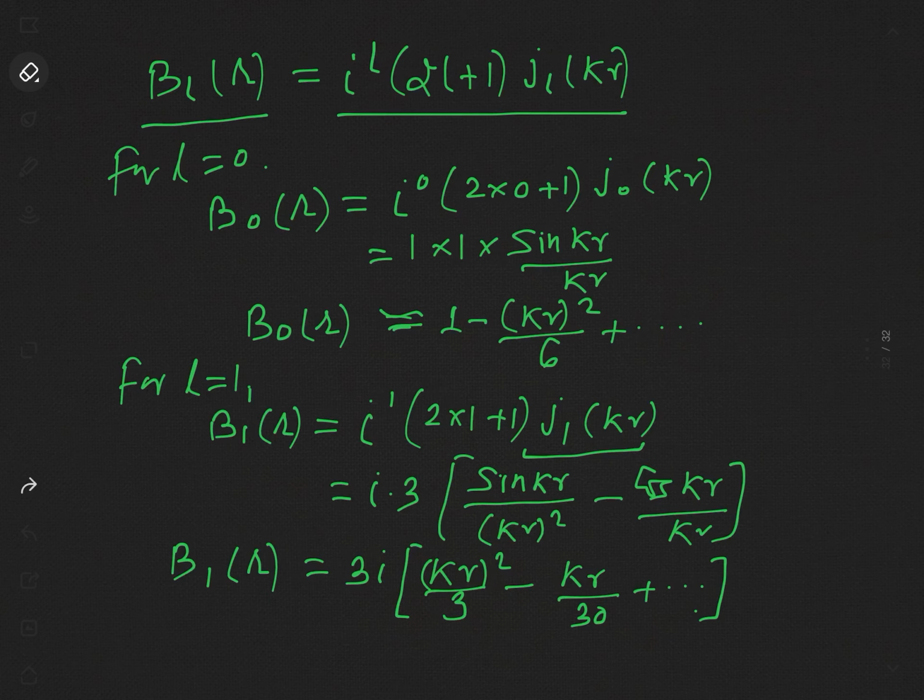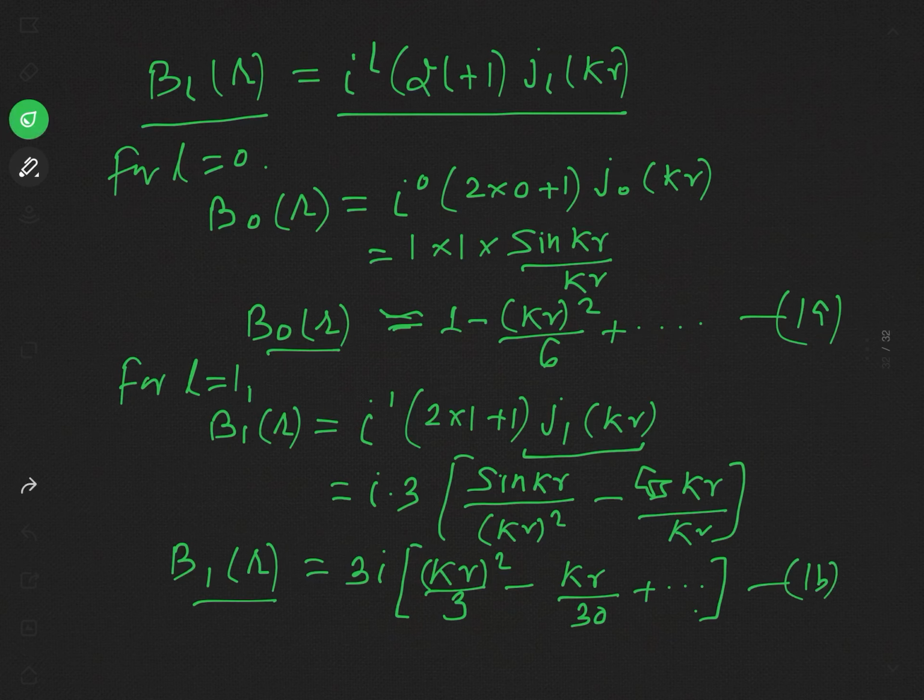This result is obtained after expanding the sin KR and cos KR. And now we have calculated B0 of R and B1 of R. Now let us say this is equation 1a and this is 1b.